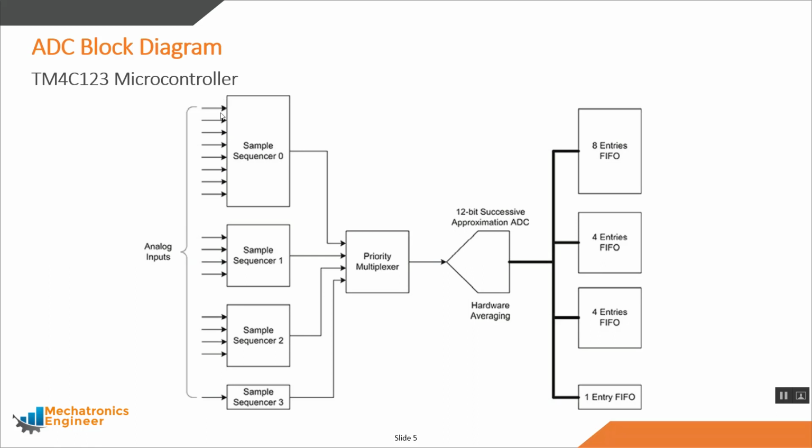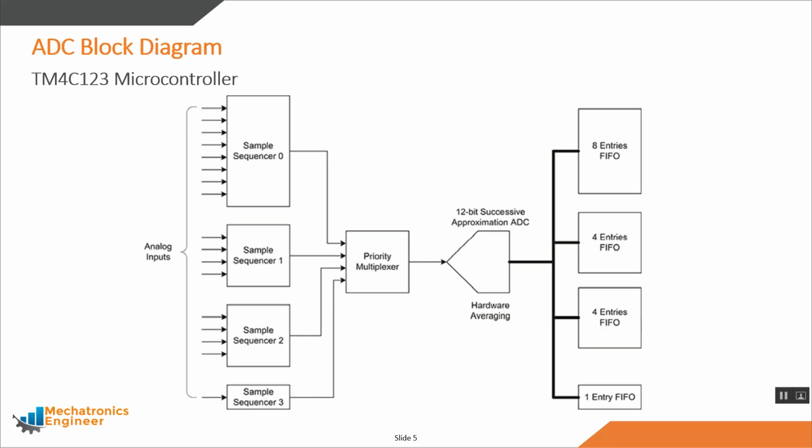You may notice that sample sequencer 0 allows sampling of a maximum of 8 analog signals, while sample sequencer 1 and sample sequencer 2 allow sampling of 4 analog signals, while sample sequencer 3 only allows sampling of 1 analog signal.